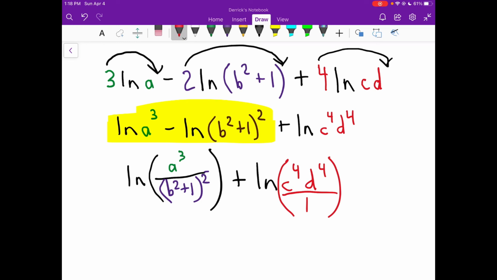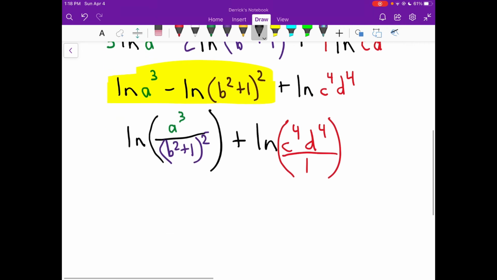That's how you want to think of this, meaning it's important you understand that when we multiply these together, it's the numerators of a to the third and c to the fourth d to the fourth multiplying together. And then really, we don't have 2 denominators to multiply because we're just taking the b squared plus 1 squared times 1, which is just going to be itself.